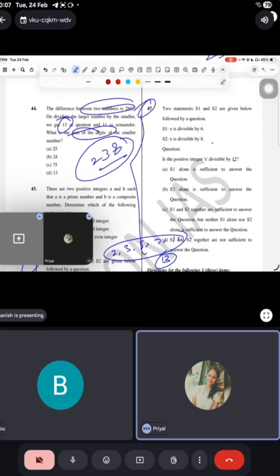Two statements S1 and S2 are given below. S1: x is divisible by 6. S2: x is divisible by 8. Given that x is a positive integer, is x divisible by 12? So the question is asking whether, by these two statements, I can prove that the positive number x is divisible by 12.